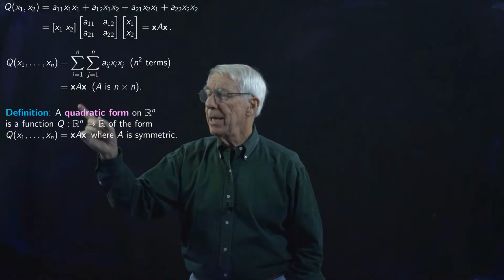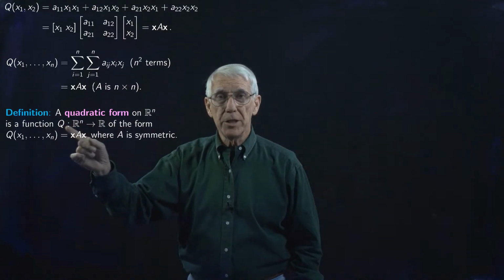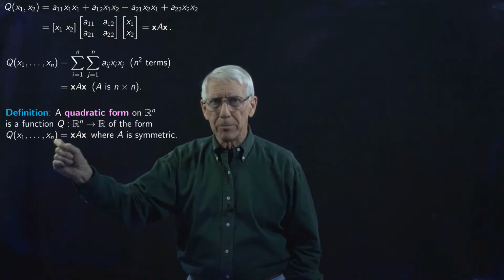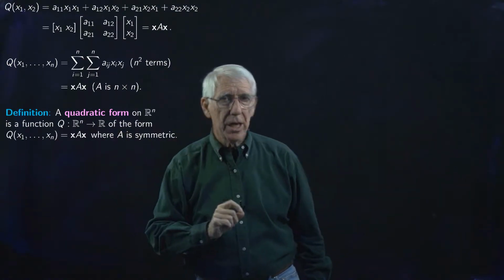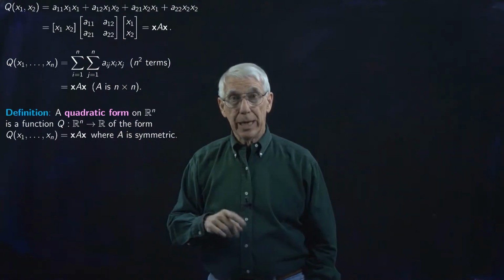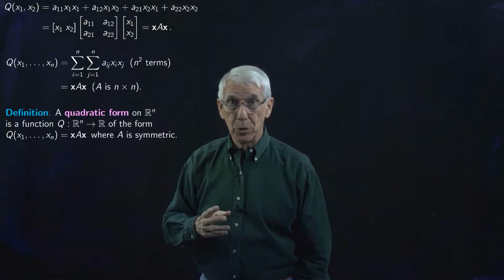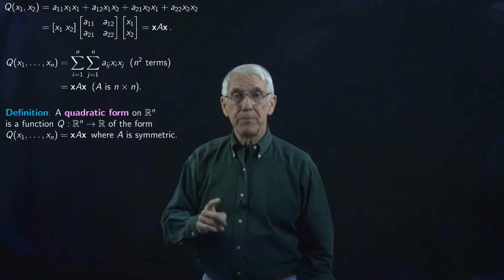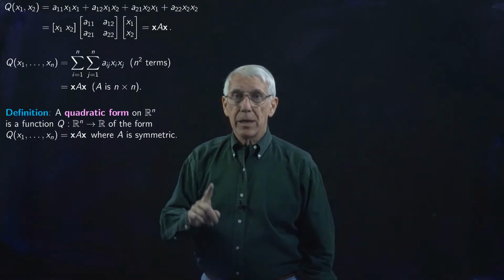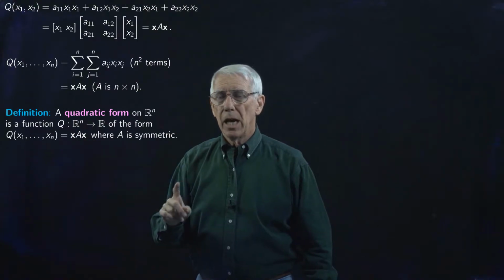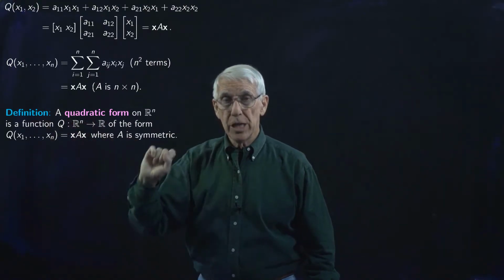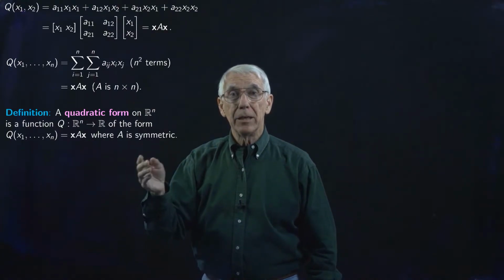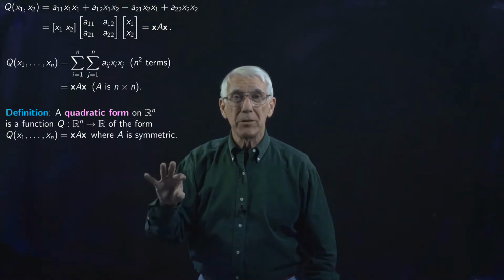To put it another way, there is a one-to-one correspondence between quadratic forms and symmetric matrices. And what that means is that we not only could, but we do develop a lot of the properties of quadratic forms, the quadratic functions, by developing the corresponding properties of the matrices.